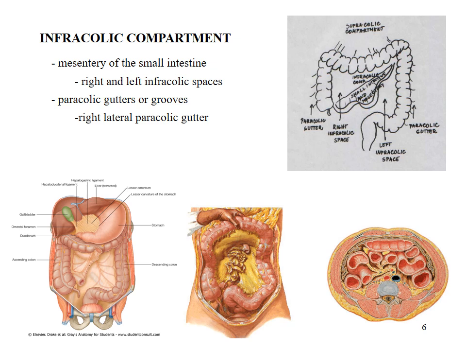Also, in the infracolic compartment, there are grooves associated with the ascending and descending parts of the colon. These grooves are paracolic grooves or gutters. There are two gutters on the right side, which are associated with the ascending colon, and two gutters on the left side.